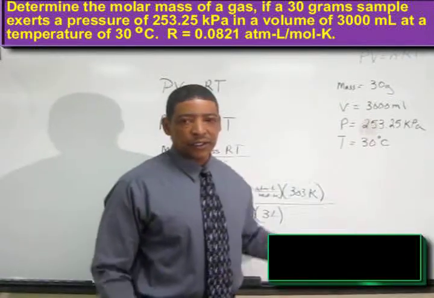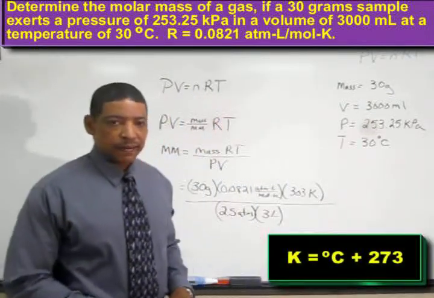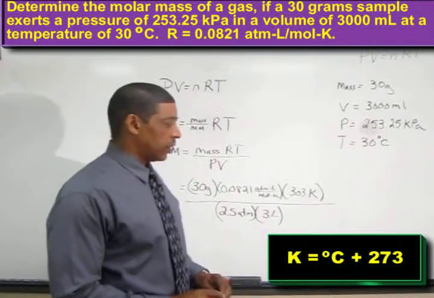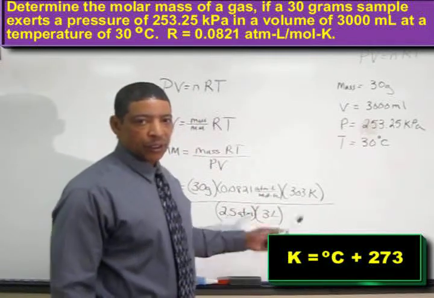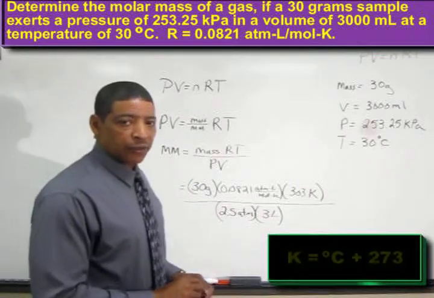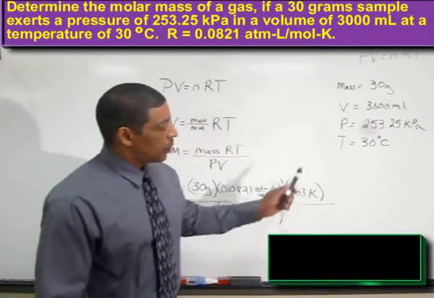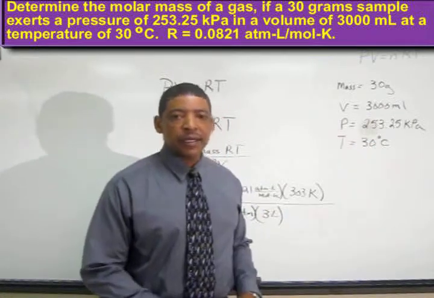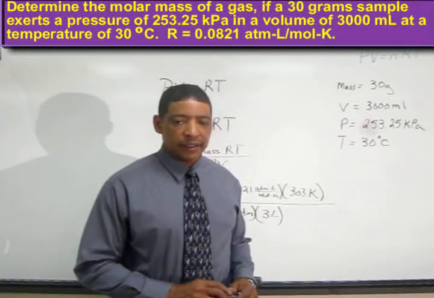30 degrees Celsius must be converted to K. To do so, simply add 273 to 30. This will equal 303 K. Now simply divide through by the converted pressure, where pressure is indicated at 253.25 kPa, which must now be converted to atm.